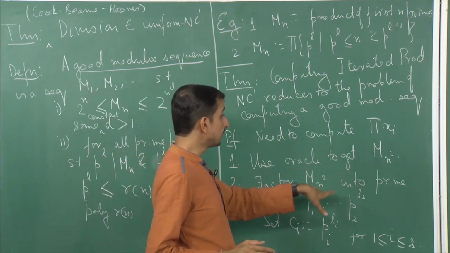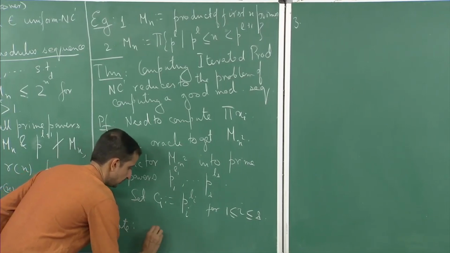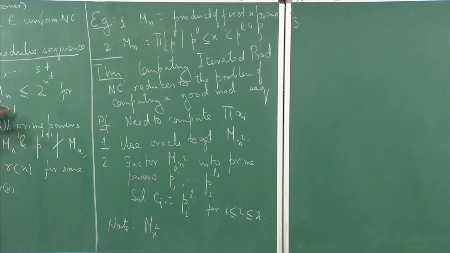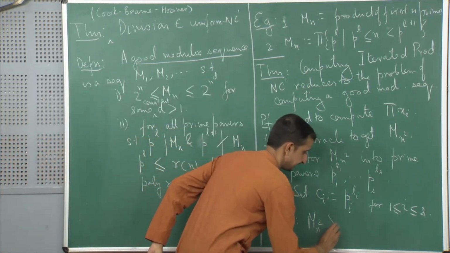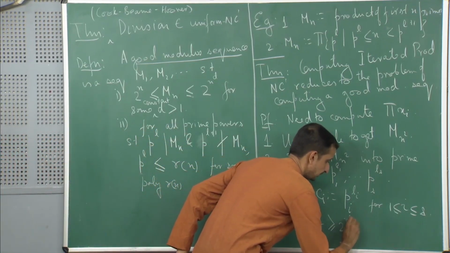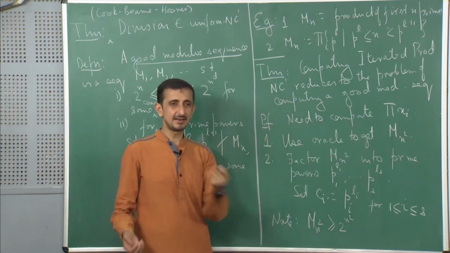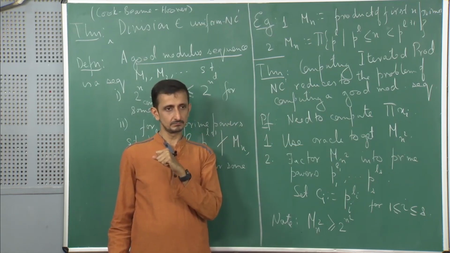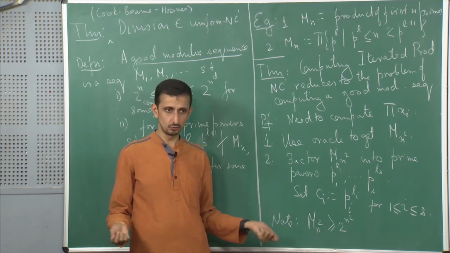So what do we know about this mn square? Okay, so let us write a small note here. How large is mn square? By the definition of good modular sequence, mn is greater than 2 to the power n. So therefore, mn square is greater than or equal to 2 to the power n square, right. And what can I say about the value of product of xi? How large can a single xi be? It is an n bit number, so it can be as large as 2 to the power n.